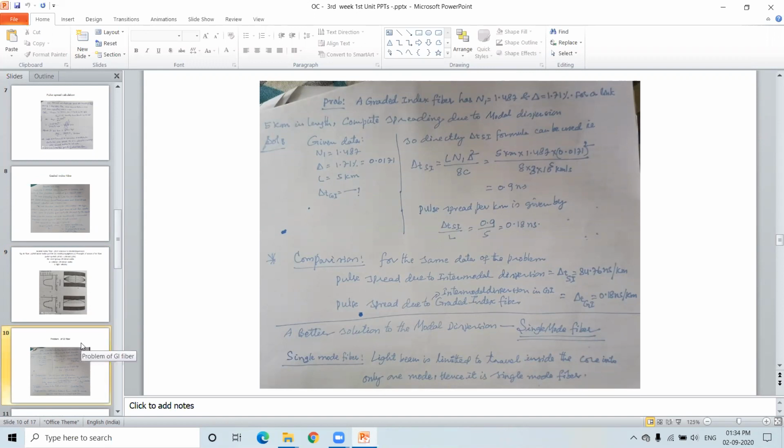Vamsi, is it clear? Up to now we have considered the gradient index optical fiber principle, and directly the pulse spread equation. Vamsi, Triveni, please, any one of you, please respond.